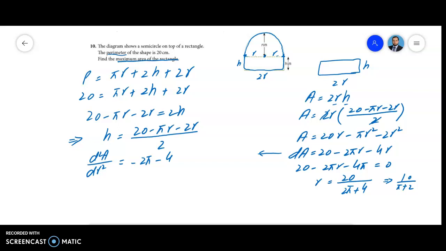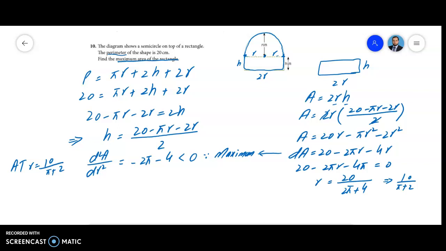From here, this is already less than 0. If the second derivative is less than 0, then at r equal to 10 over pi plus 2, there is a maximum.